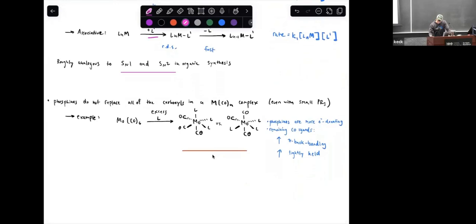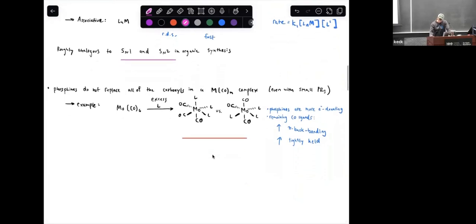We'll discuss some specific cases. The first example that we'll consider is the ligand exchange of metal carbonyl complexes, particularly zero-valent metal carbonyl complexes, as exemplified by this molybdenum hexacarbonyl.